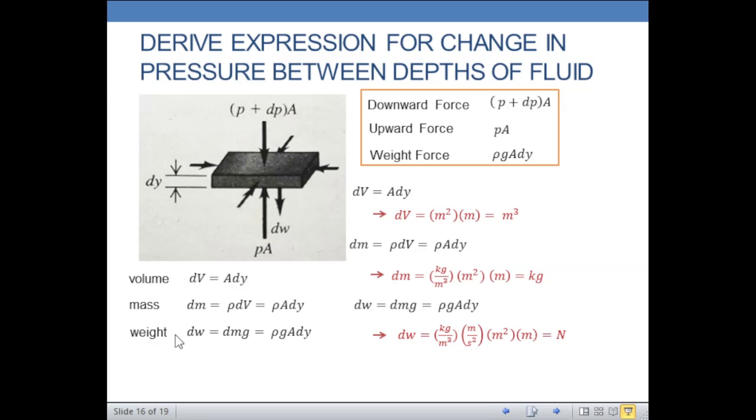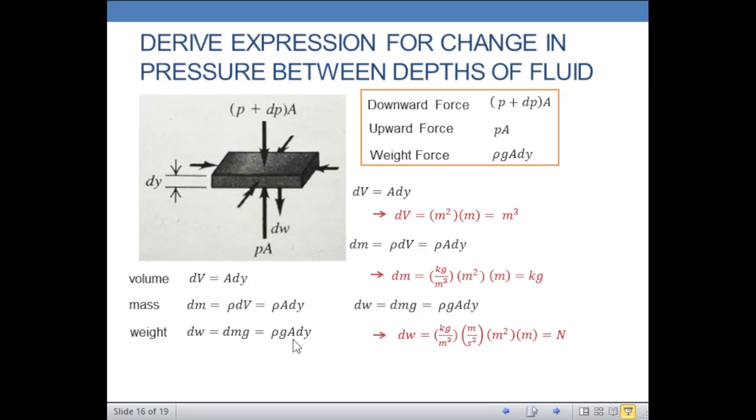The weight is dW, equal to dm times g, or mass times gravity, and also equal to density times gravity times area times dy.